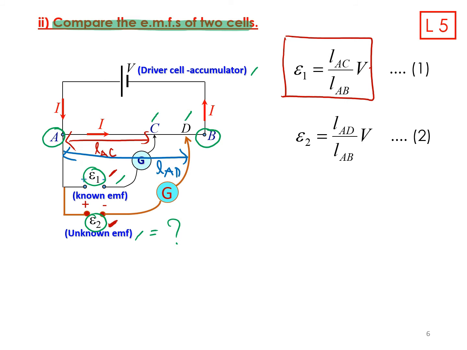Sorry, that was LAC before. So that's your second balance length for the second EMF. So LAD multiplied with the V, over the whole length, which is LAB.